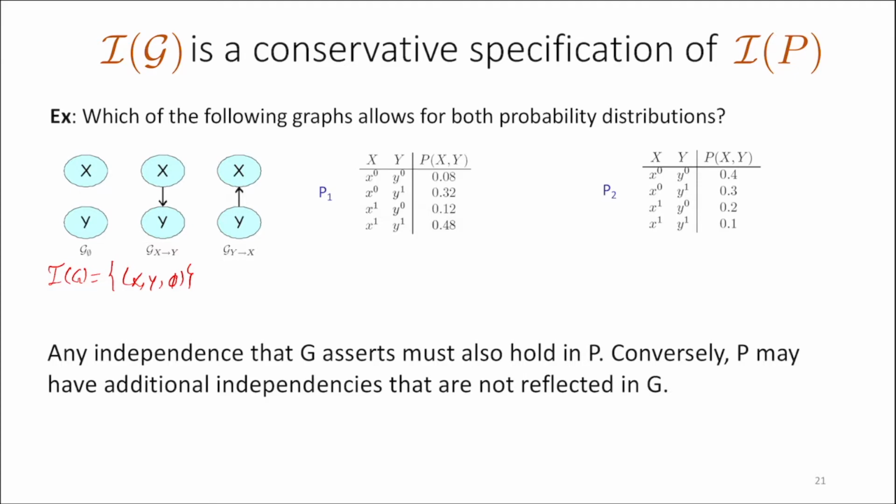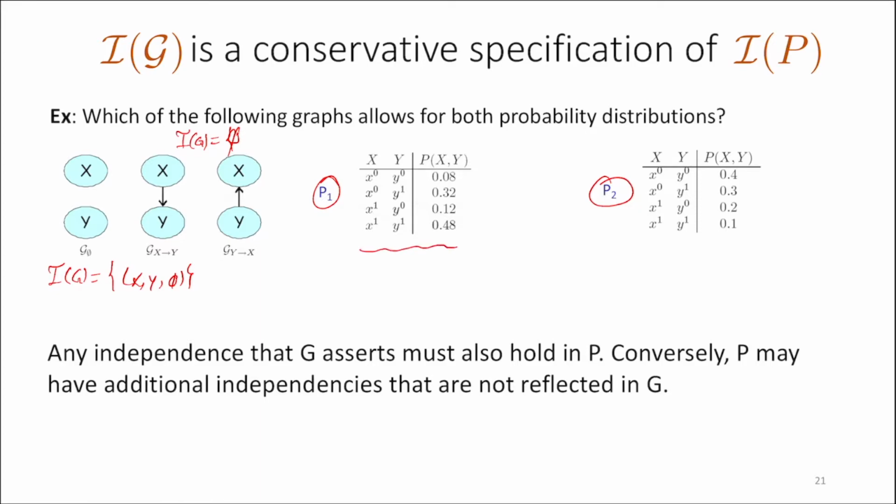The set of independencies for the other two is the same; it is basically empty. Now the question is, if I give two distributions, P1 and P2, which of these graphs allows for both probabilities to be distributed?